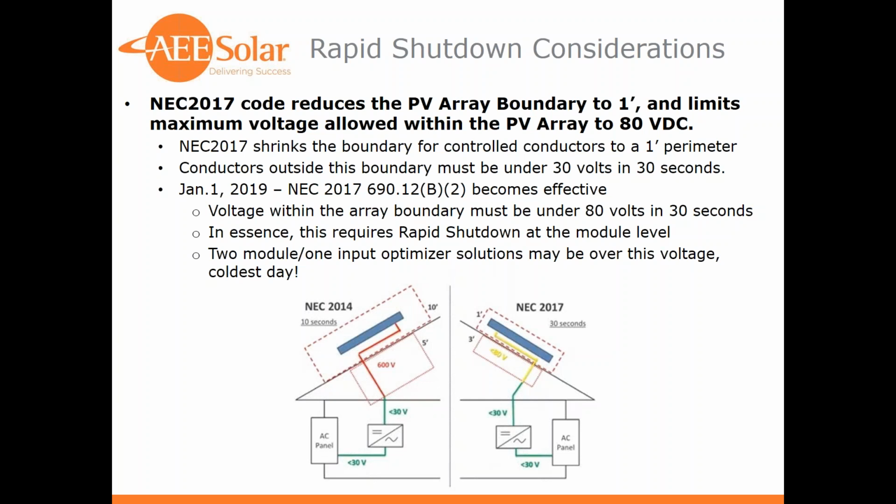One has to be careful of cold state conditions, VOC cold state conditions. If those 2 modules in series exceed 80 volts, that solution is not applicable there. So those may be over voltage on the coldest day. So please be aware of that. There are solutions that will meet this with both optimizers and other MLPE devices.